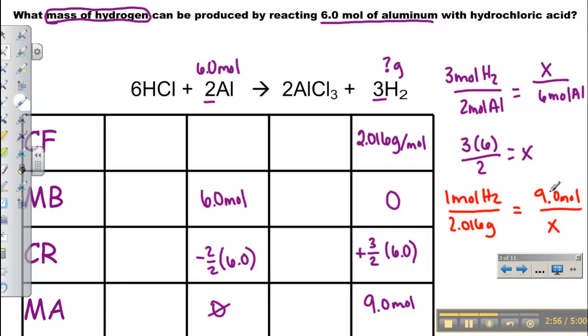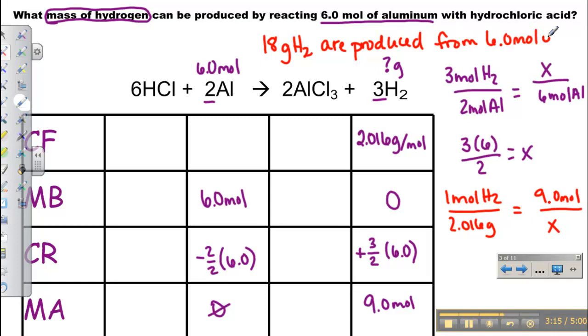So to solve for that, you can see that we multiply. So our answer, and I'm going to round this, is going to be 18 grams of hydrogen are produced from 6 moles of aluminum. So our answer here is 18 grams of hydrogen.